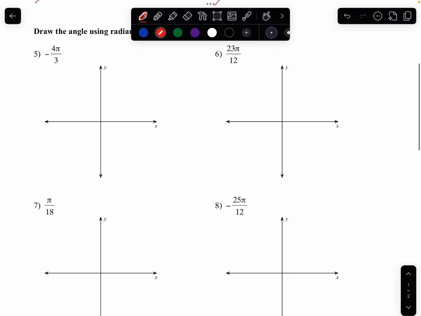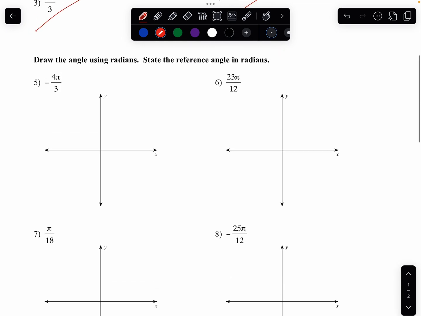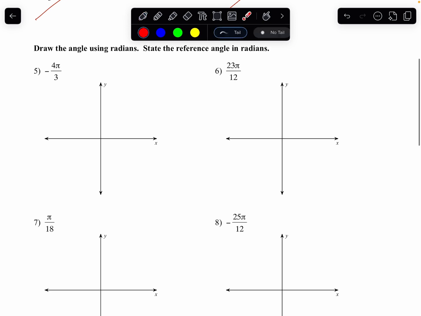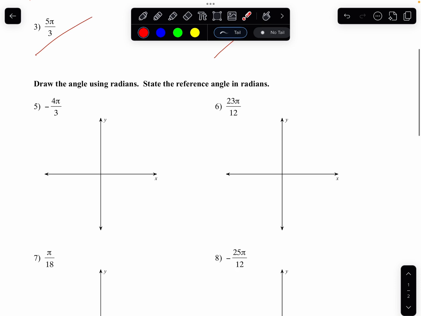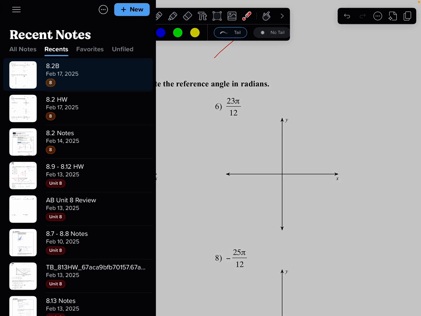Yeah. So you're starting with this one right here where you're drawing the angle using radian measure. When drawing these angles using radians, if you can, look up a video on how to draw using radian measure, there's kind of one in class.